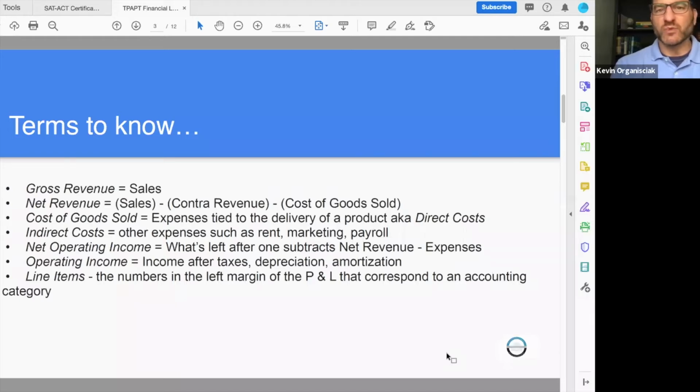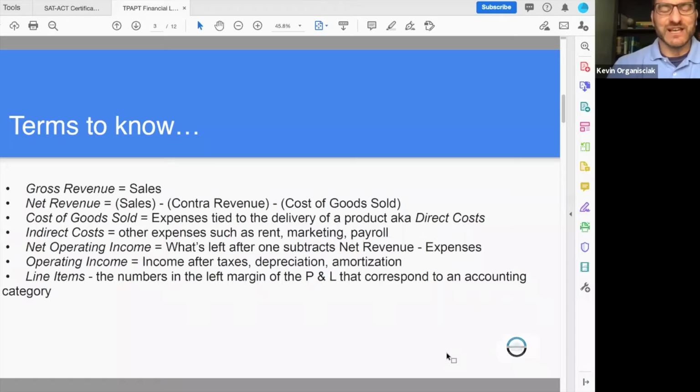Indirect costs are the rest of the expenses for running a business, so not the expenses tied to delivering a specific thing that's been sold. These include things like rent, full-time employee salaries, marketing expenses, office supplies, copier leases. Those used to be huge.